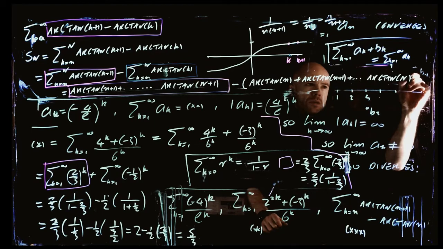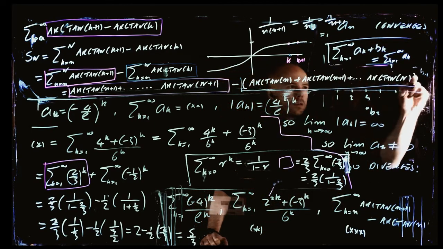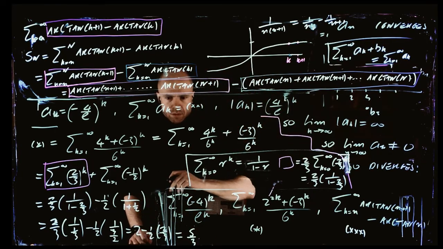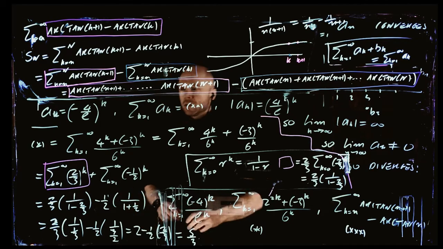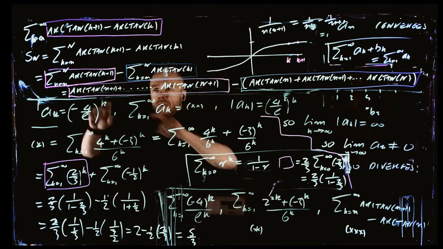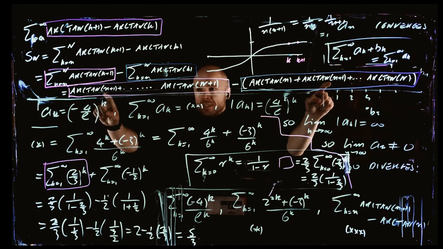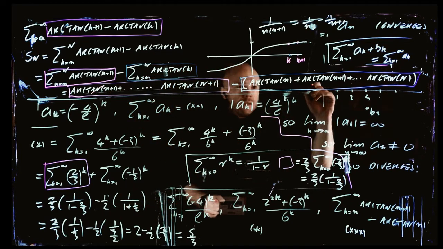Yeah? So this stuff here is this stuff here. Everybody with me? Okay, look what happens. The arctan n plus 1 gets killed by this arctan n plus 1. Okay? So this is killed by this.